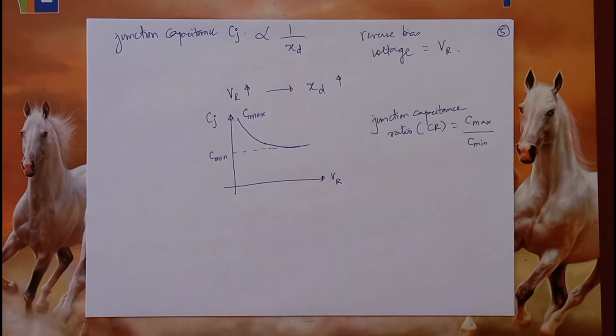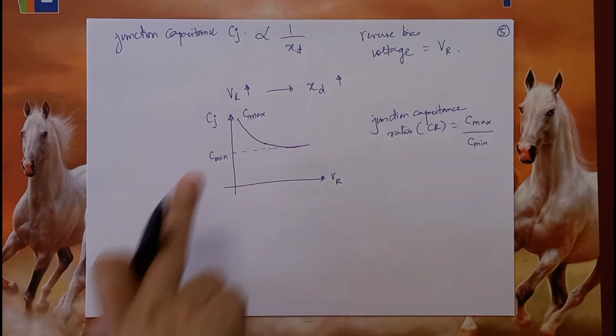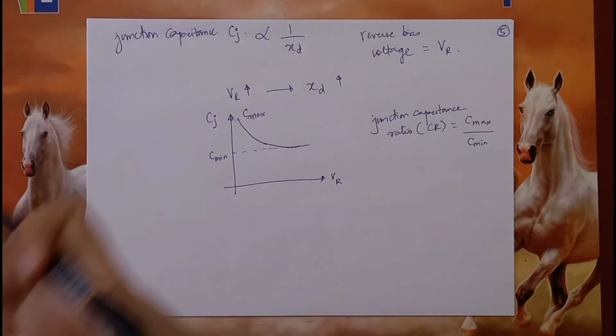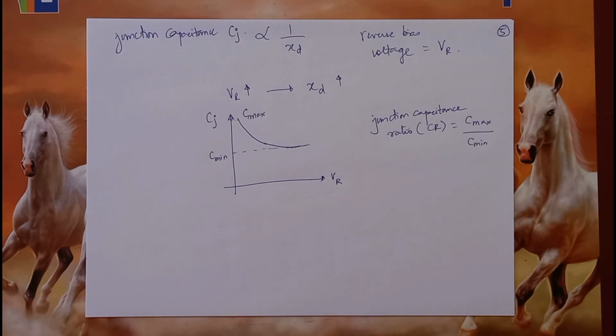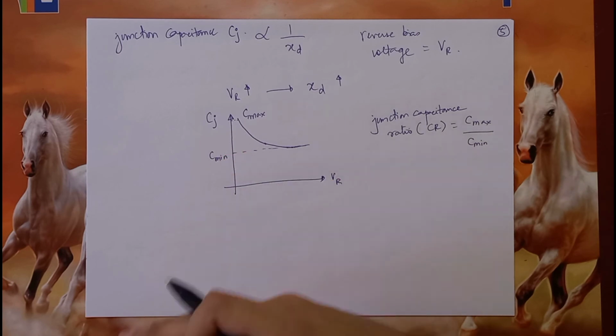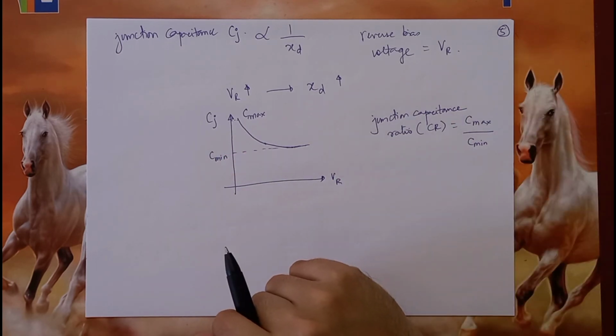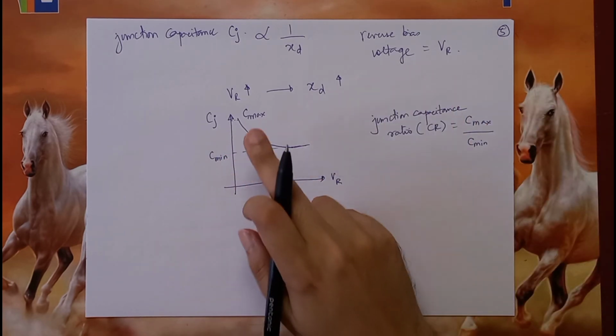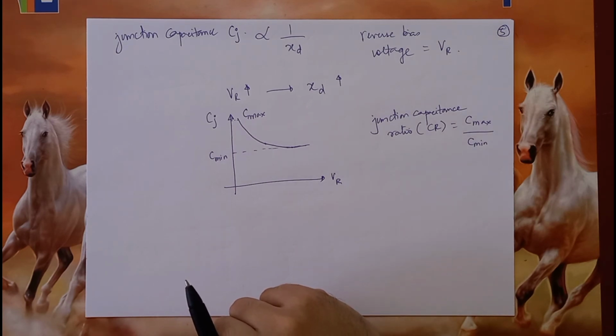So why am I talking about this capacitance ratio? What we are essentially seeing is that when we are changing the reverse bias voltage, the capacitance of a diode is changing. So therefore, this opens to us a whole new range of possibilities. That is like saying, by simply changing the voltage across the diode, the reverse voltage across the diode, I can change capacitance.